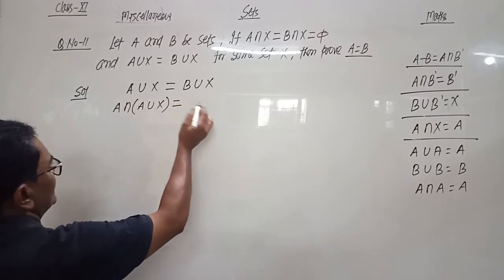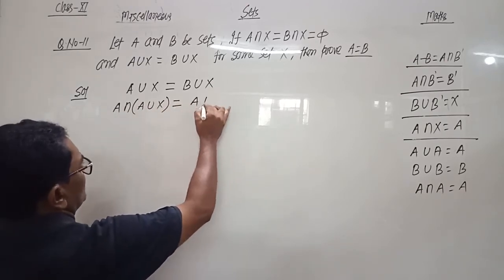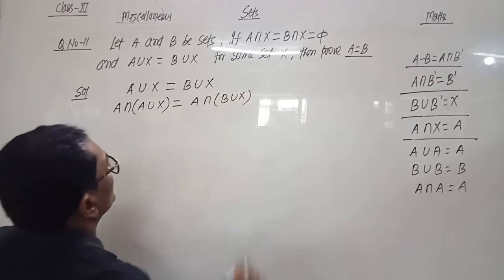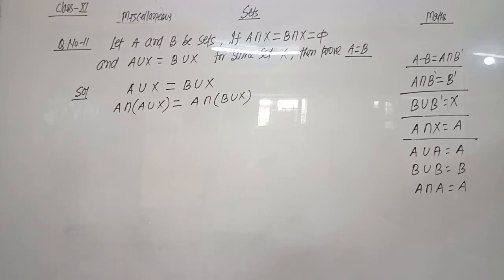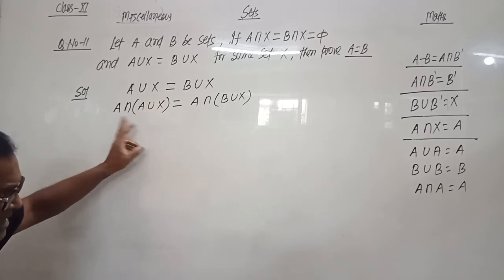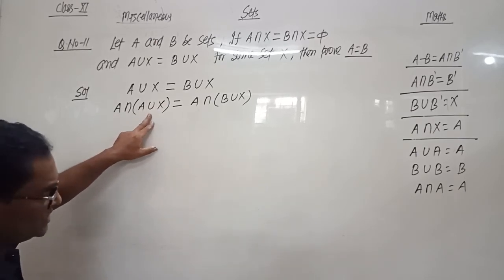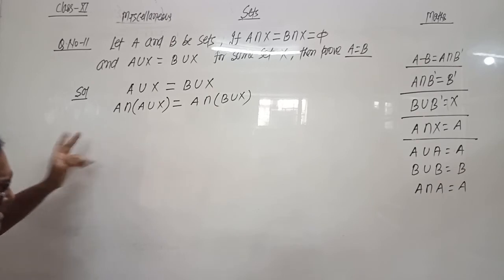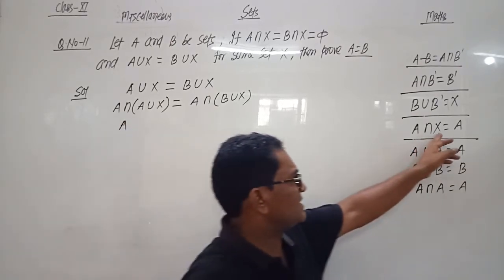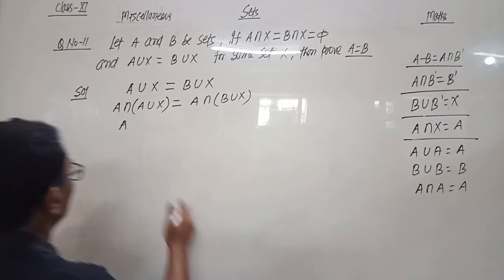So A intersection (A union X) equals A intersection (B union X). Now A intersection (A union X) will be equal to A, because A intersection X equals A.